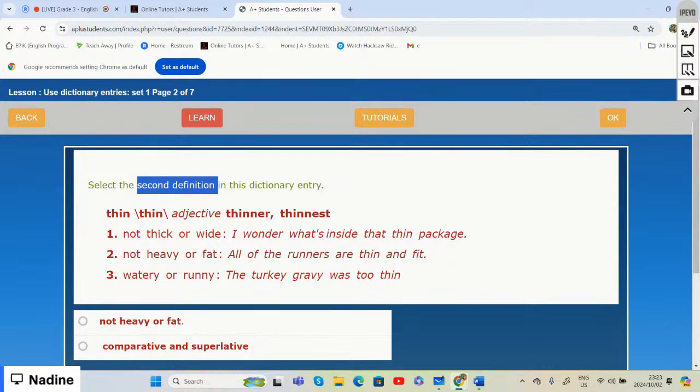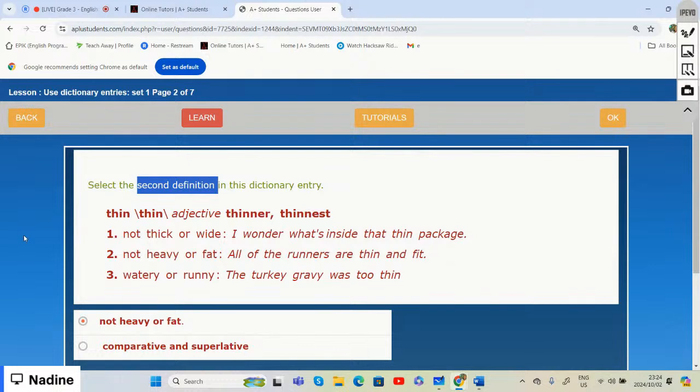Look at the second definition of the word.